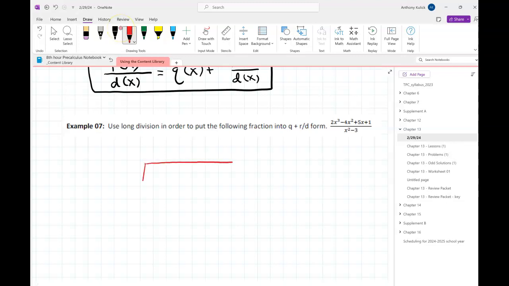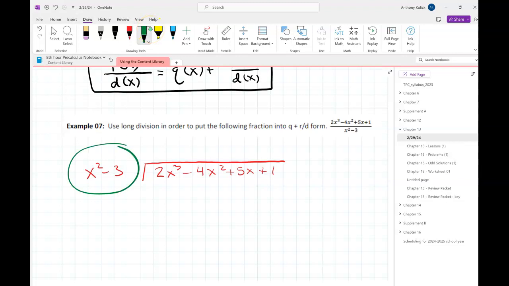So let's draw our division bar. What's going to go out here? X squared minus 3. Okay. And what's going to go in here? The numerator, right? Now, before I begin, I want to look at both my numerator and my denominator and check to see if there's any skipped terms.